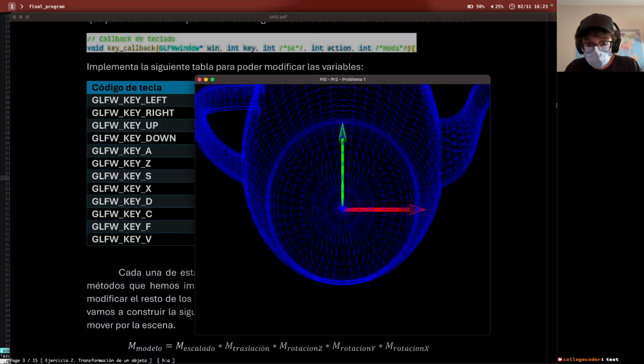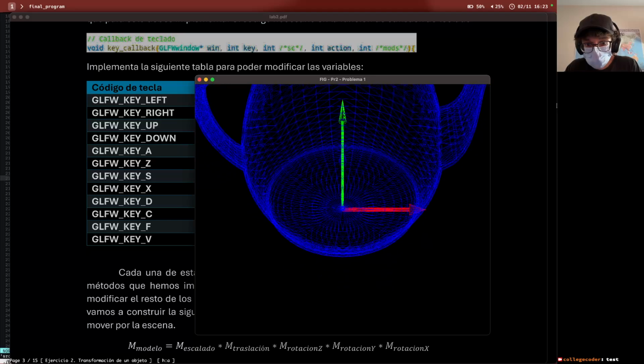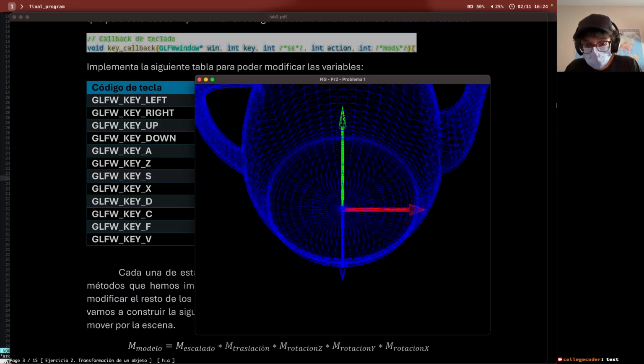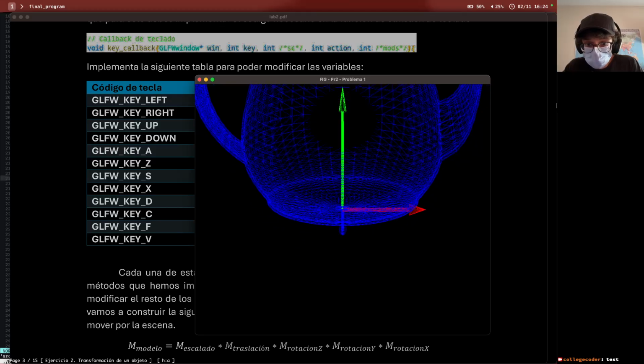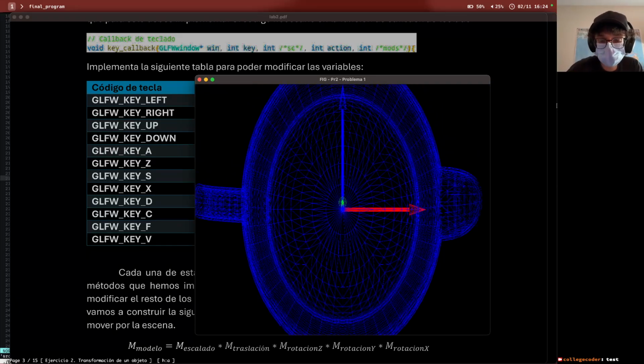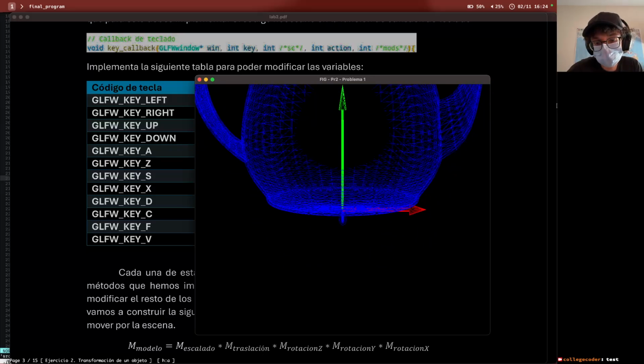And if you rotate, for some reason the z-axis switches directions. I don't know why. It switches directions when I start decreasing.